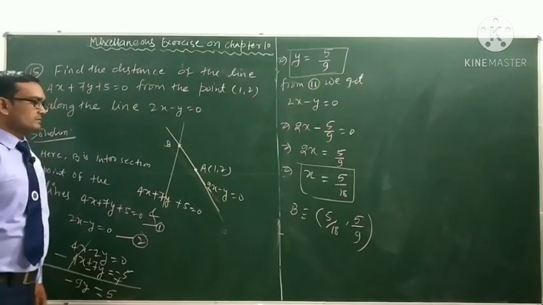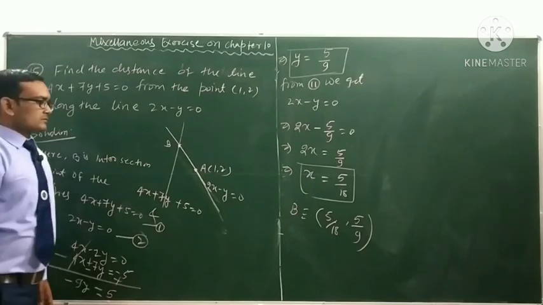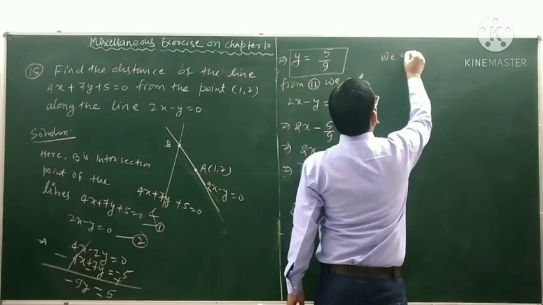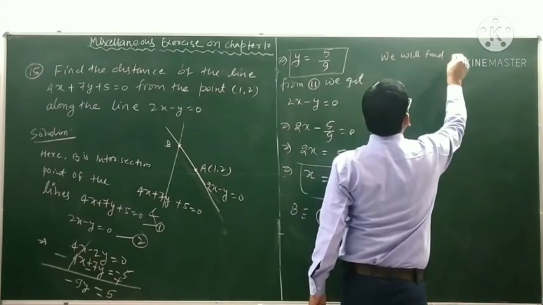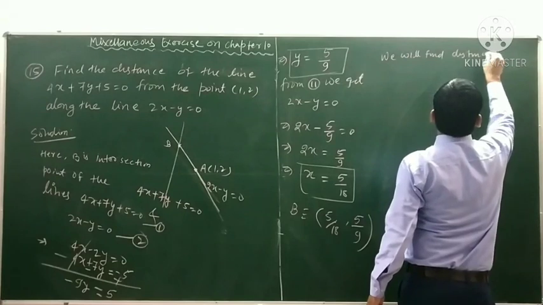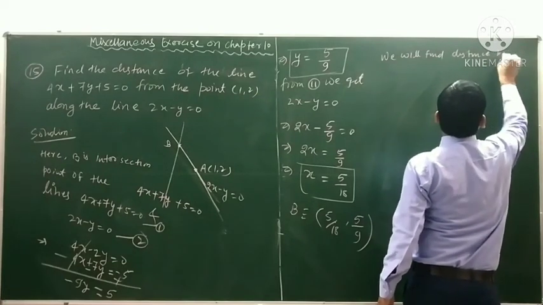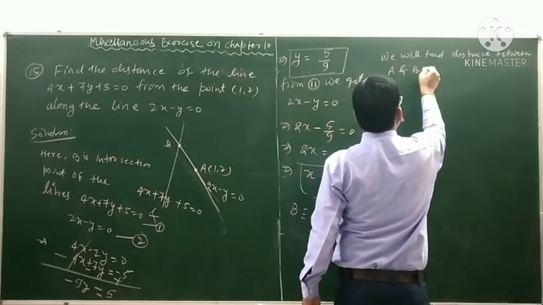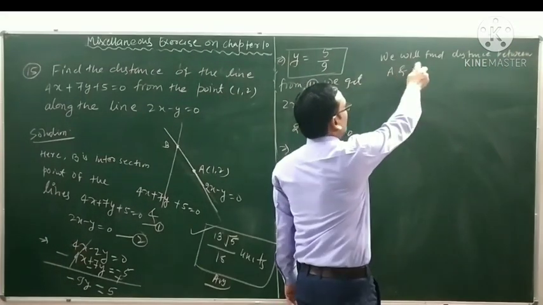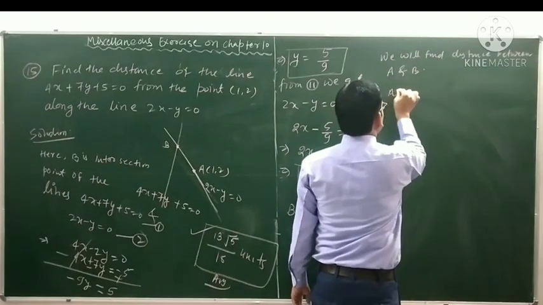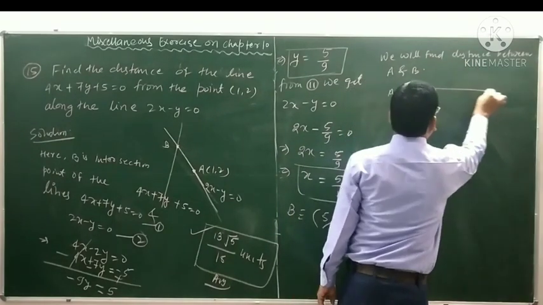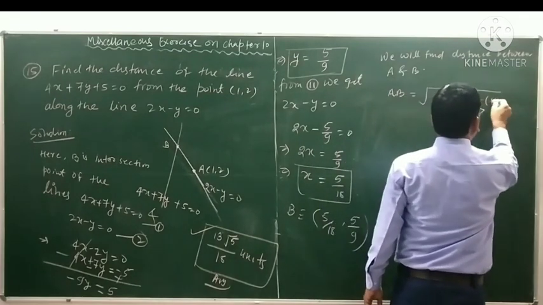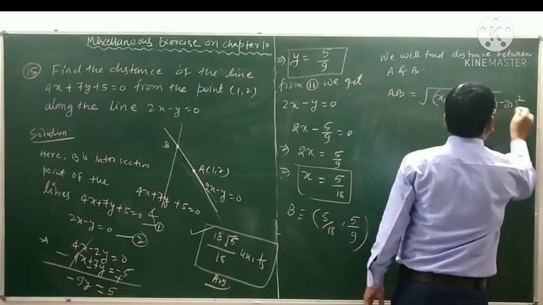Okay students, we will find the distance between A and B. AB is equal to square root of (x1 minus x2) whole square plus (y1 minus y2) whole square.